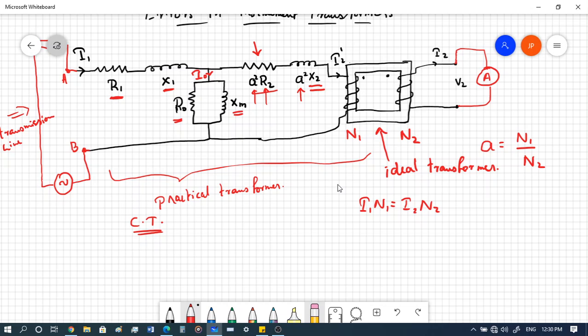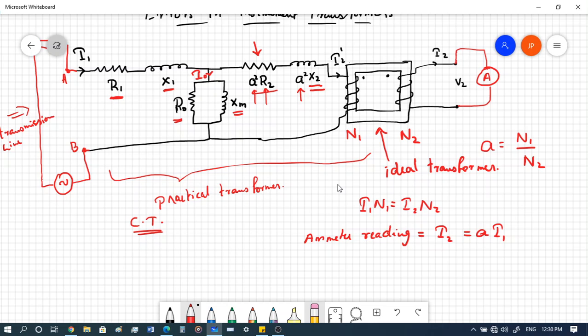From here we can see that we'll be connecting an ammeter to the secondary side of the current transformer, and from there you can measure the current readings. So the ammeter reading in this particular circuit would be I2 amperes, which can also be written as A into I1, where I1 is the current in the primary side.